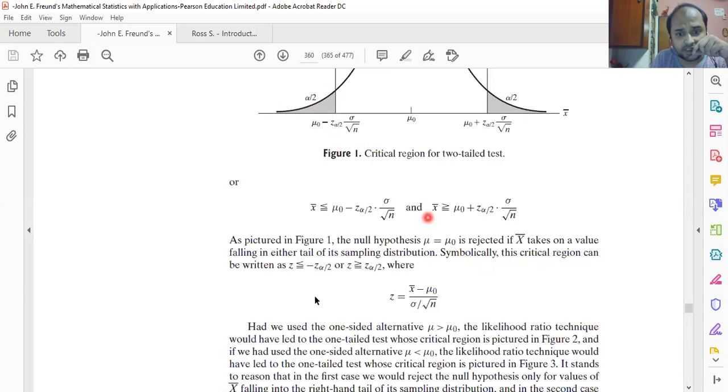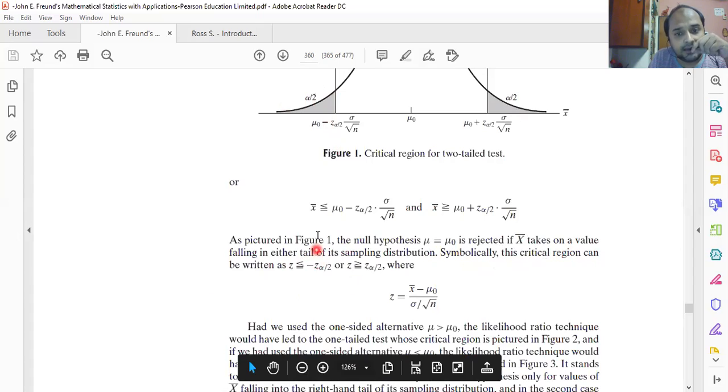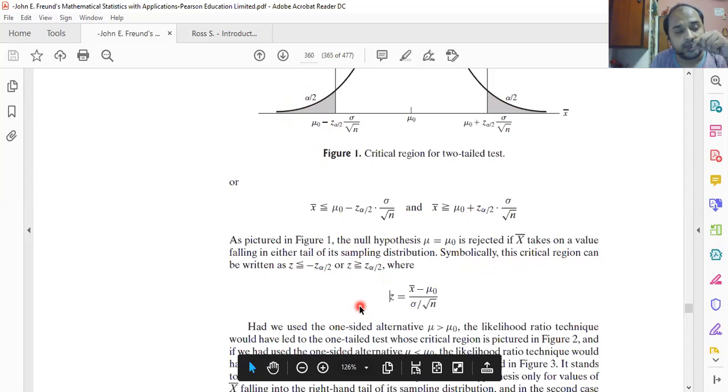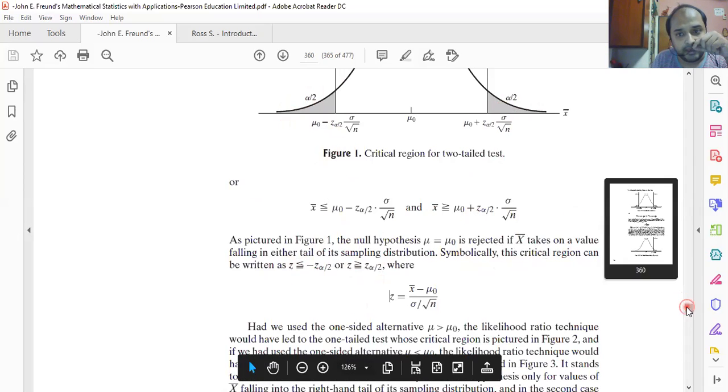These critical regions are denoted by alpha by 2, and if x bar is less than this, we call that z is less than or equal to minus z alpha by 2, and this is termed as plus z alpha by 2, we call it as z greater than or equal to z alpha by 2.